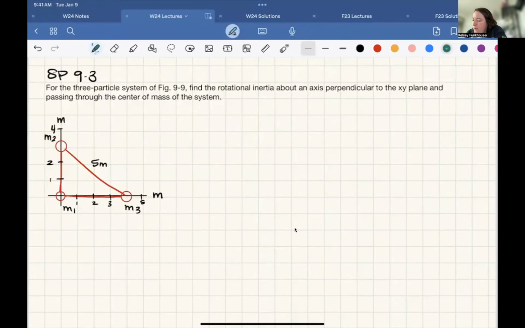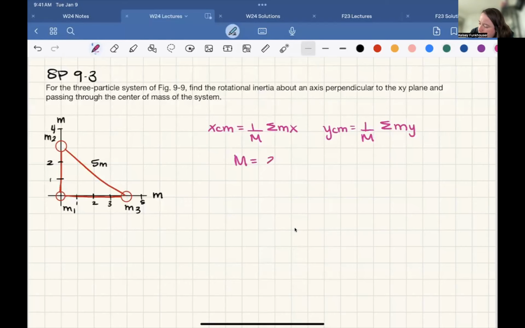Okay, so let's remind ourselves of that. The X position of the center of mass is 1 over the total mass times the sum of each mass times its X position, and then the Y version is the same, 1 over M, sum of M, Y. And the total mass, let's just get that out of the way.